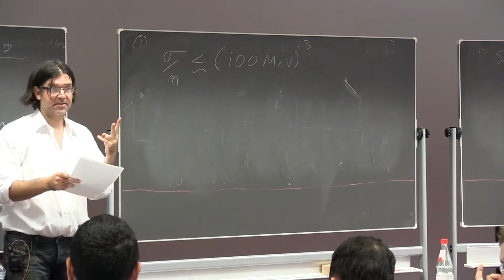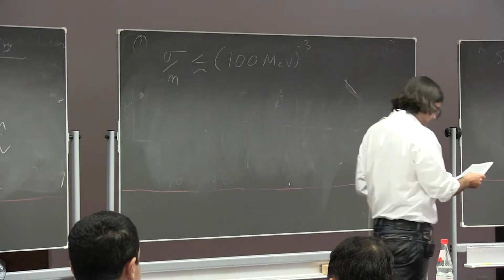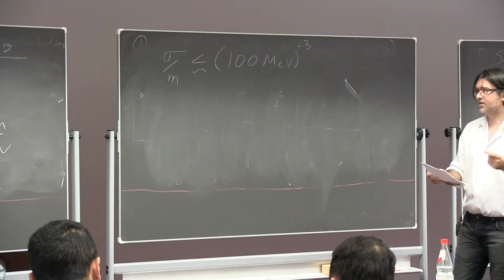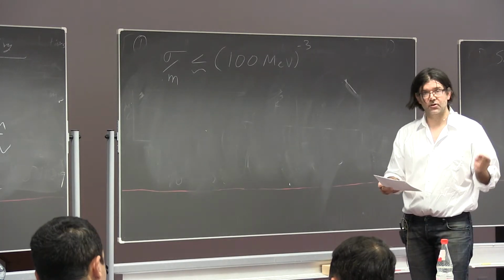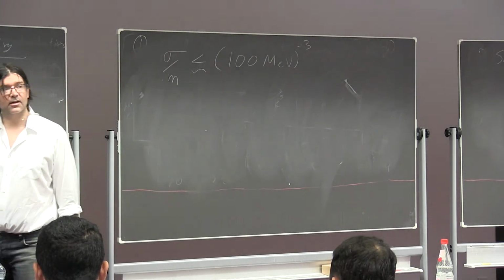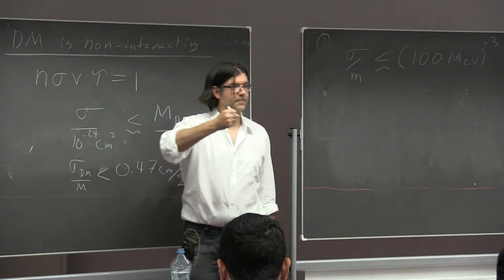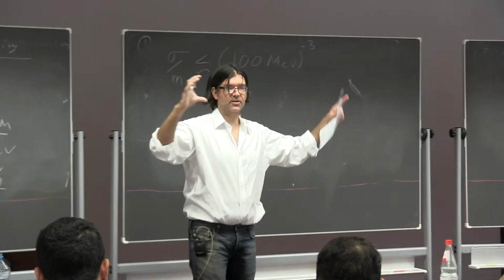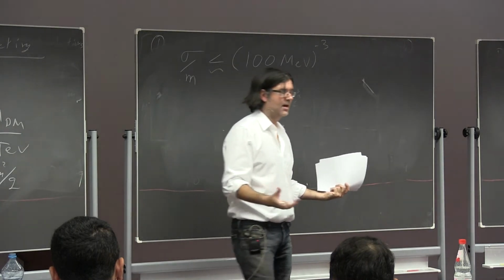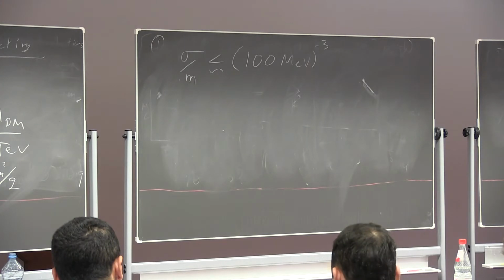Two caveats about this. The first caveat is that almost all the limits that you'll find in the literature are operating under the assumption that this cross-section is velocity independent. It's just some number. So you're assuming that you've got some big rock, and there's some other rock, and they're colliding with each other. And that's a perfectly reasonable model of a cross-section if you're colliding rocks, which dark matter could be, a tiny, tiny little rock.